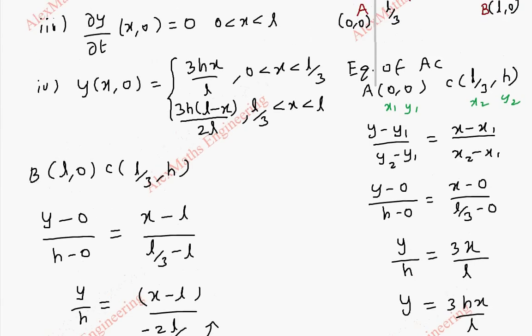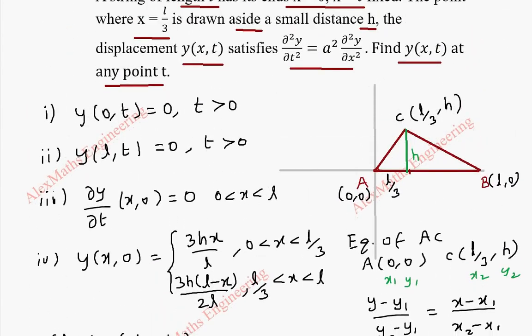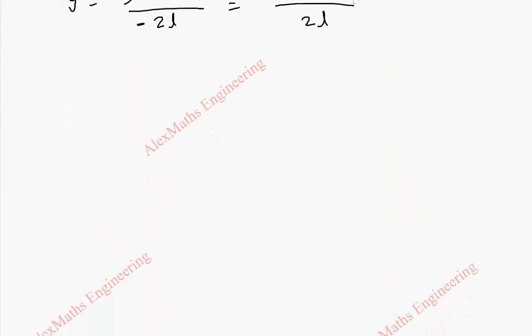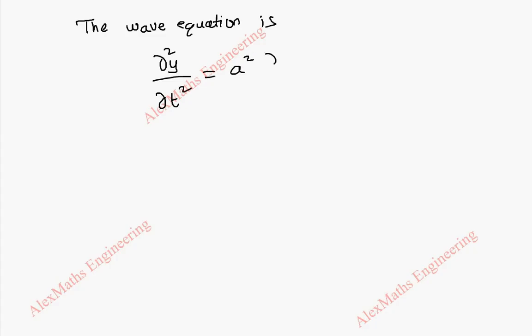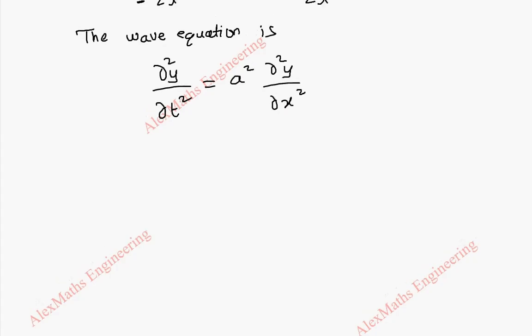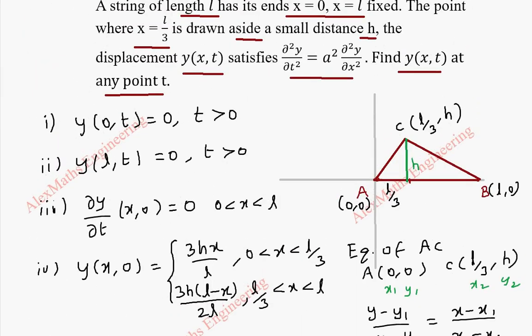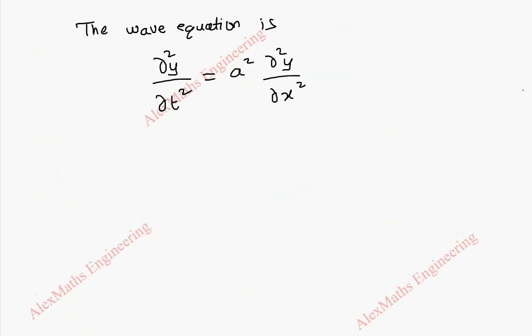So we got all the conditions, and they have given a wave equation. So the suitable solution we are going to write. The wave equation is dou square y by dou t square equal to a square into dou square y by dou x square. So we have written the wave equation and we are going to write the suitable solution.